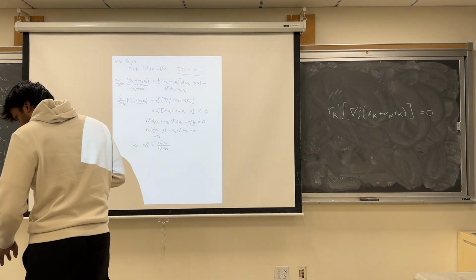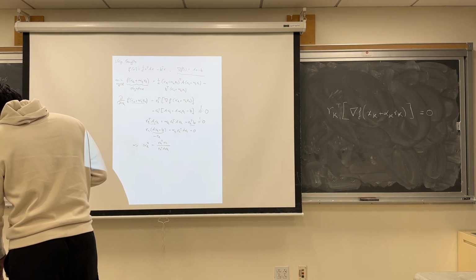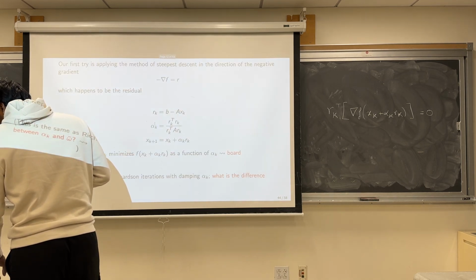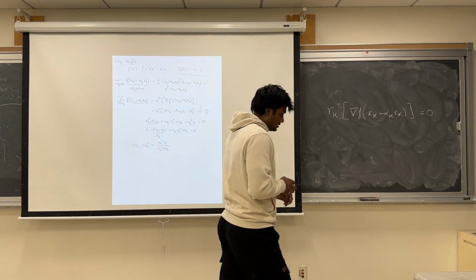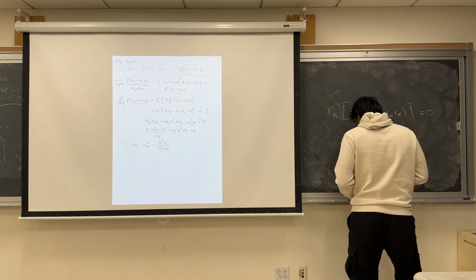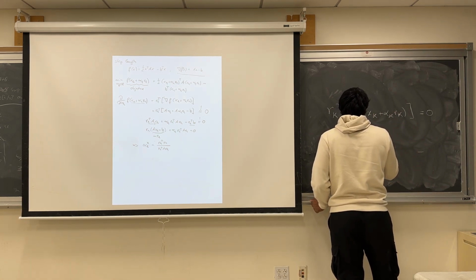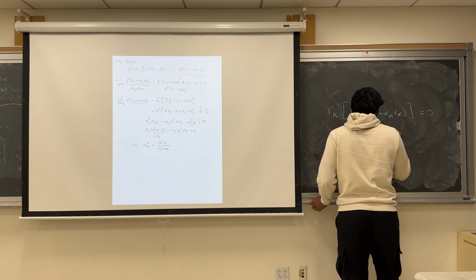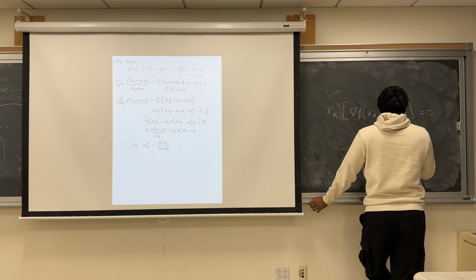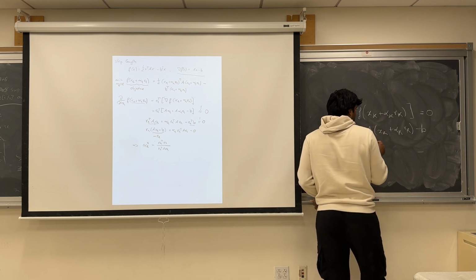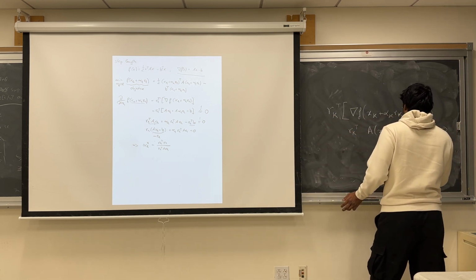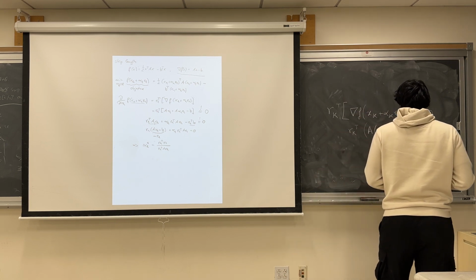And what is gradient of f? Well, the gradient of f is just the negative residual. That's how the gradient is defined. Gradient is just negative residual, and negative residual is Ax minus b, right? So (A xk plus alpha k rk minus b) times rk transpose equals 0. Right?